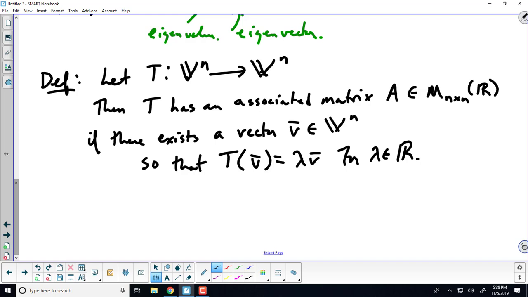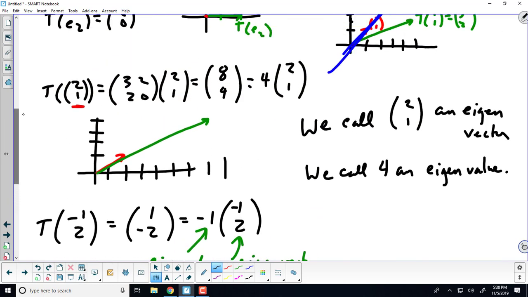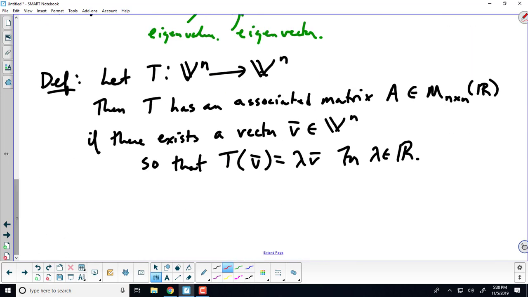So that's exactly what we just saw. Looking at our statement up above, as we copy down this definition, we saw that when we took T of 2, 1, we got some multiple times that same vector. That's what I've expressed right here: we plug V into the transformation and get out V times some multiple.